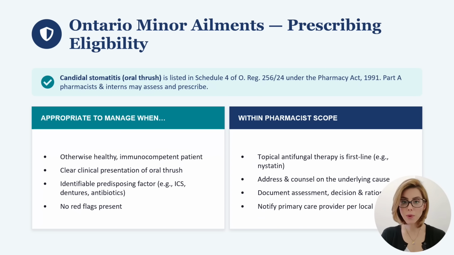When you've got an otherwise healthy, immunocompetent patient, a clear clinical picture of thrush, an identifiable trigger like that inhaler or a recent antibiotic, and no red flags. In terms of scope, topical antifungal therapy is your first line tool. You'll also want to address the underlying cause, document your assessment and your reasoning, and notify the patient's primary care provider per your local process. Clean, structured, and well within your wheelhouse.